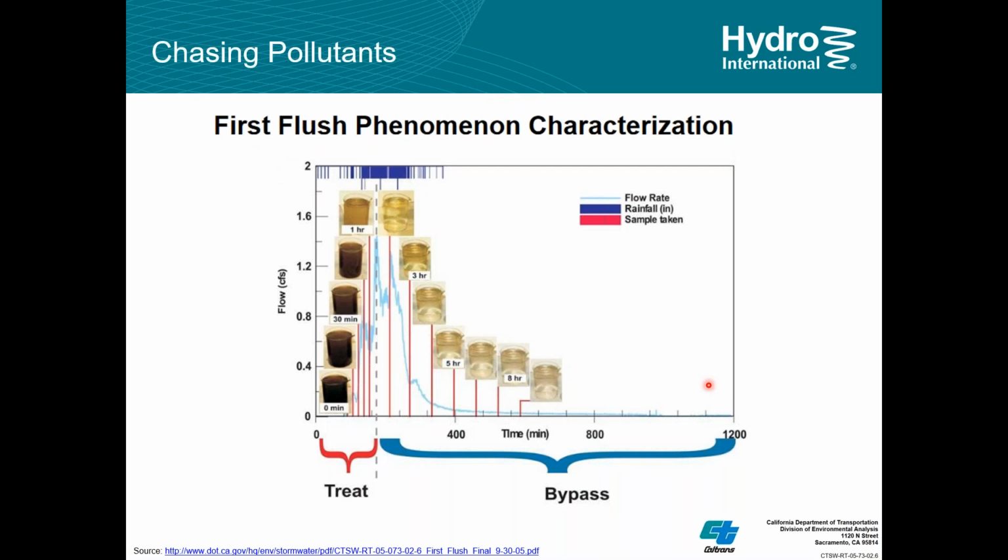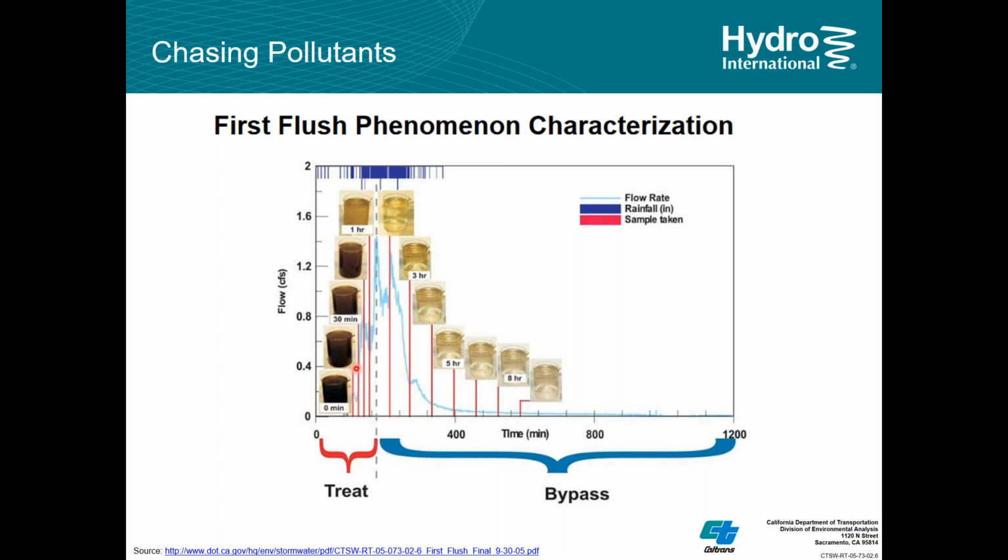Now, when dealing with the pollutants in that runoff, I believe Caltrans did some studies, and I think this comes from a study around 2005. The first flush theory comes in. Just behind this on the graph, there is a hydrograph, and it's a real hydrograph for this test site. And there's a load of pollutants that come down with the storm.